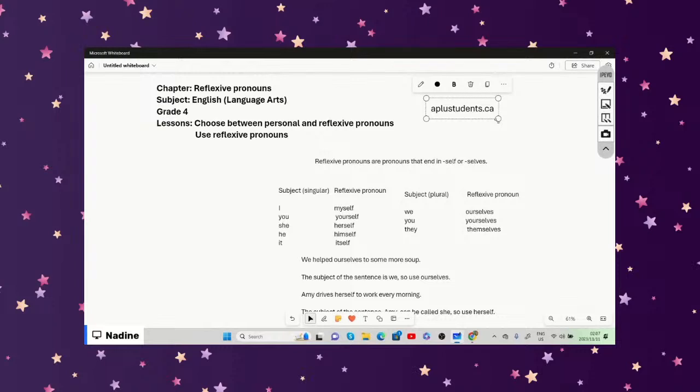All right, so reflexive pronouns. Now we're going to go into what a reflexive pronoun is, right? Reflexive pronouns are pronouns that end in self or selves.